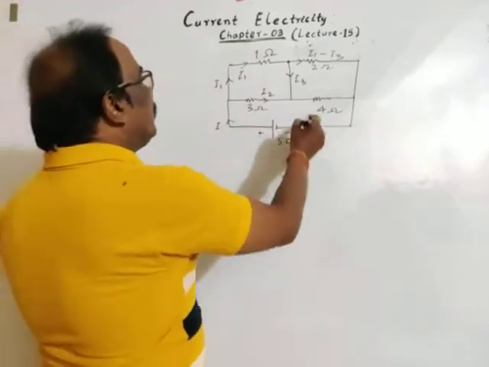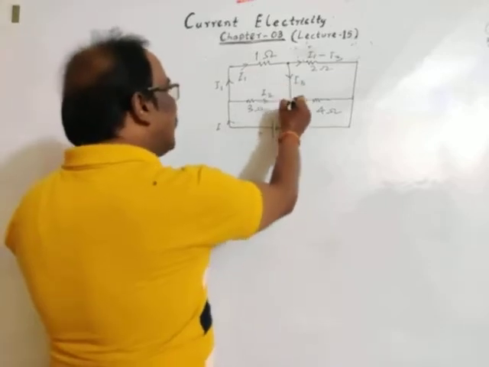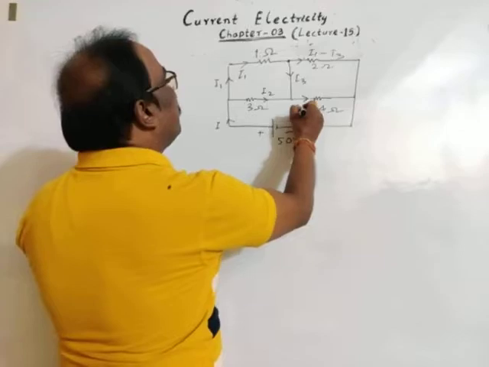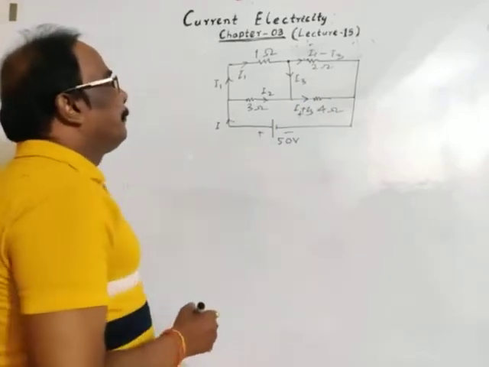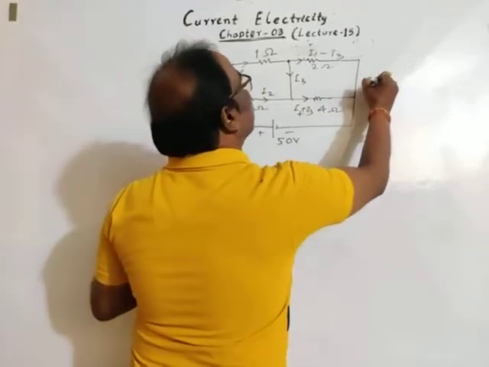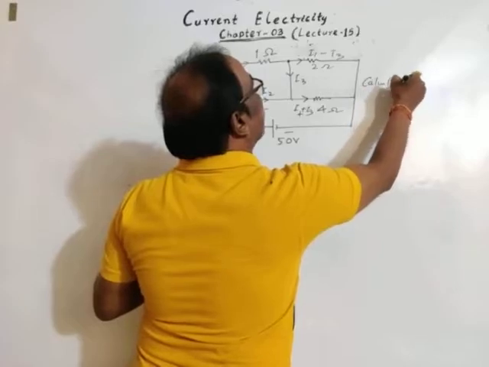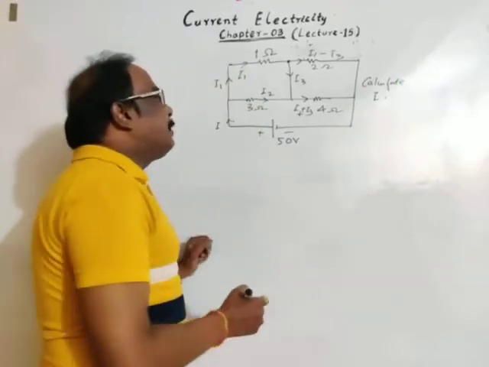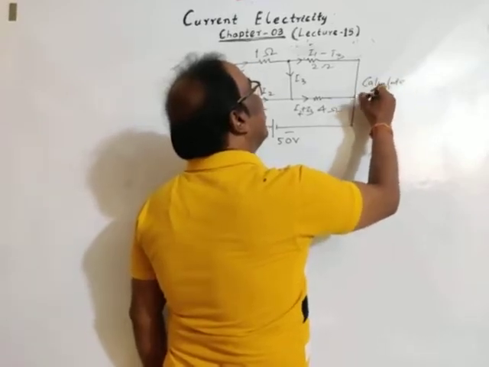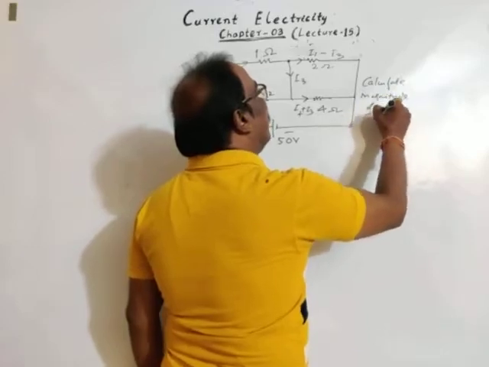Okay. So along this branch, this is I3, this is I2. So total current will be I2 plus I3. Okay. Then it is asked, calculate the magnitude of I3.